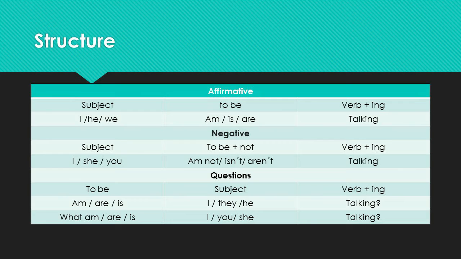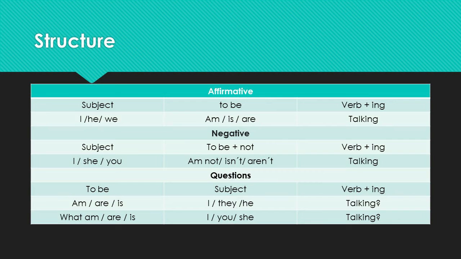You are not talking or you aren't talking, right? Whichever is okay, it doesn't matter. What else about it? Oh, yes. When we are using the present continuous in a statement, don't forget that we always need to use the verb to be, right? Please don't forget it.